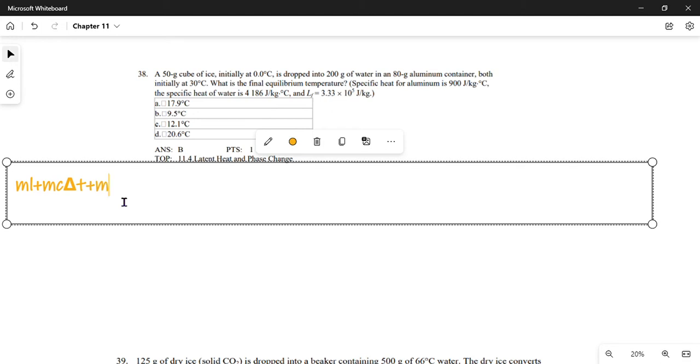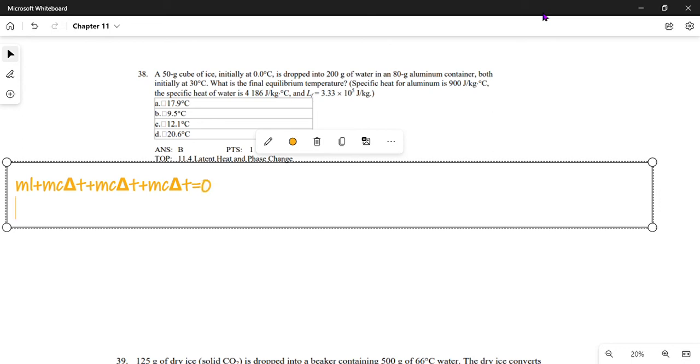Plus MC delta T of the water, plus MC delta T of the aluminium or the container. All of this will be equal to 0. We will just substitute in the rule.